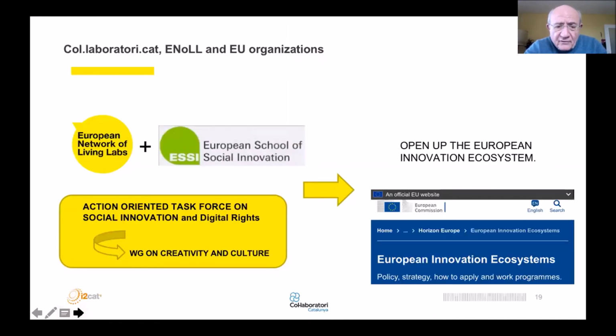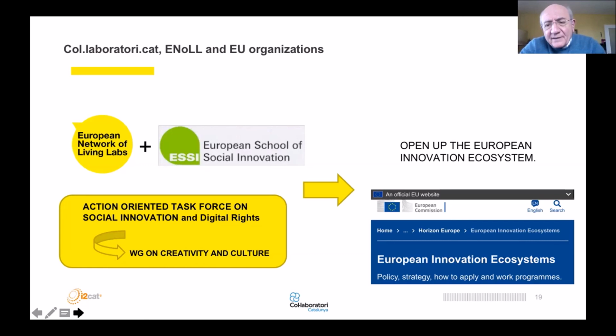Finally, what we discovered is, of course, that we developed this action-oriented task force on social innovation that connected us immediately with other European organizations, the European School of Social Innovation, that deal specifically with social innovation, with this problem of social and cultural innovation, and that helped a lot to integrate these two orientations in order to transform and give alternatives to how to open up the European innovation ecosystems.